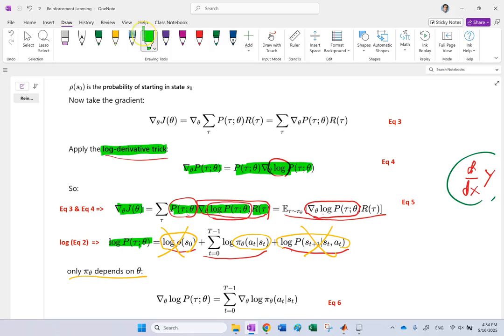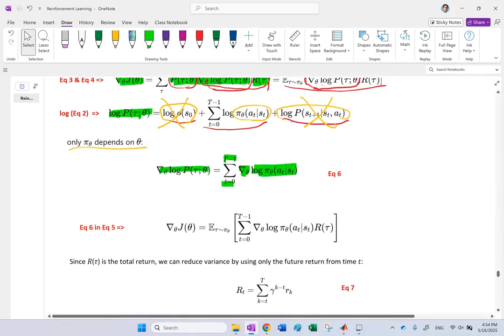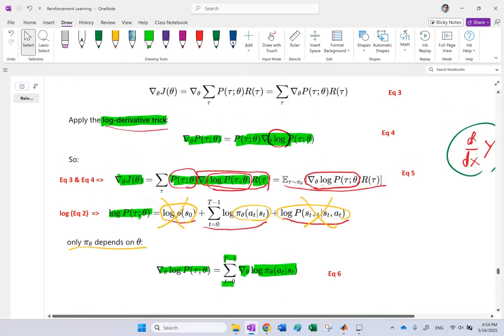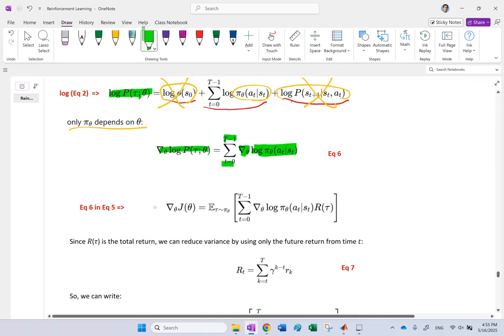So I can say that the gradient of log of p is basically the summation, t goes from 0 to T plus 1, of the gradient of the log of the policy function. Okay? Now if I plug this result of equation 6 back into equation 5 and replace this part here, guess what? I can find my gradient. So the gradient is going to be the expected value of this summation.